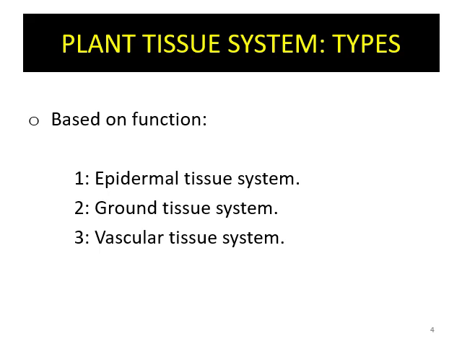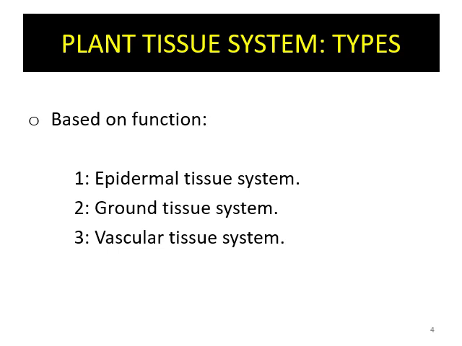The second is the ground tissue system. These are neither dermal nor vascular. These are parenchymatous tissue, collenchymatous tissue and sclerenchymatous tissue.